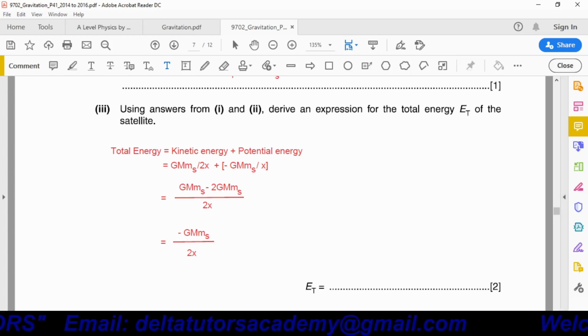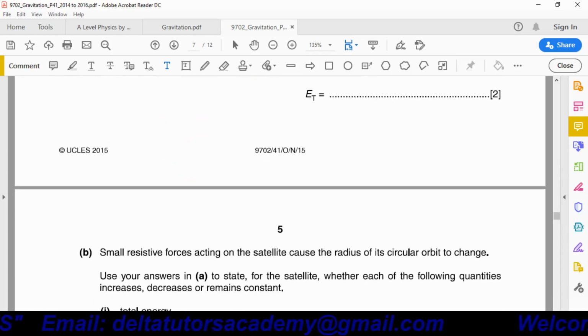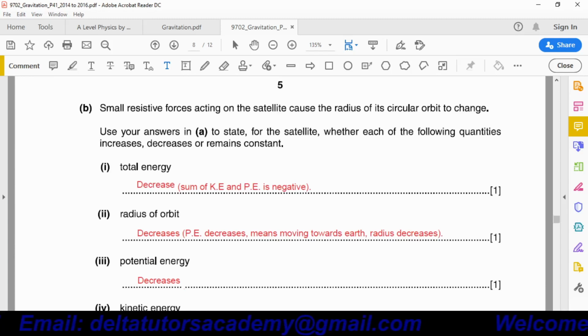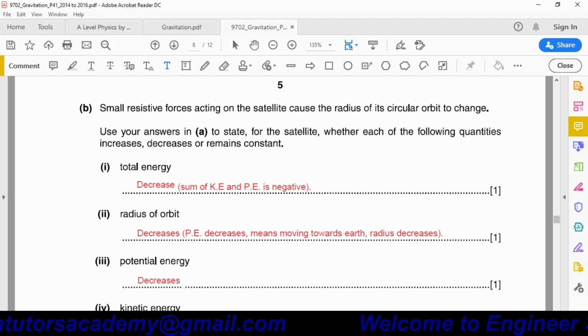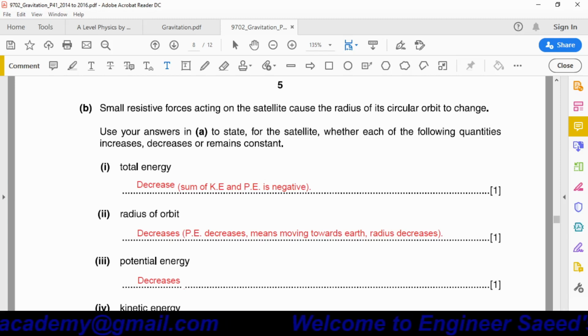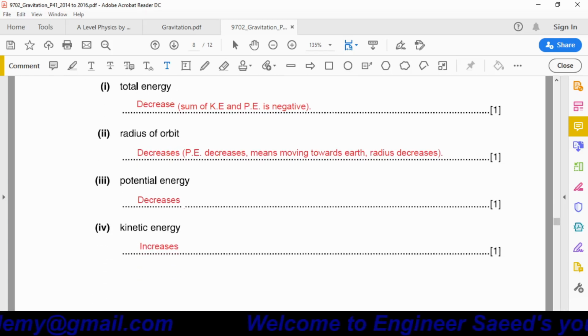It means its potential energy is decreasing. When potential energy is decreasing, it means it is moving towards the surface of the planet. And when it is moving toward the surface of the planet, we can say its radius is decreasing. Its distance from the surface or its distance from the center of the planet is decreasing. So radius of the orbit is decreasing. Potential energy decreases.